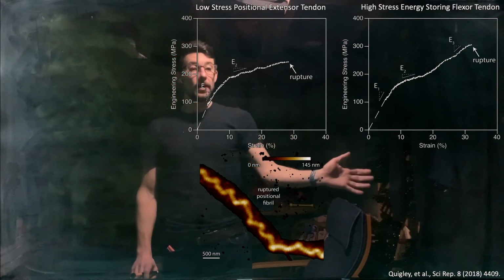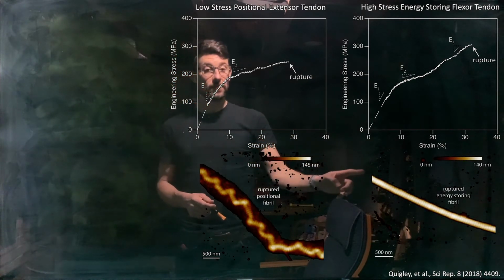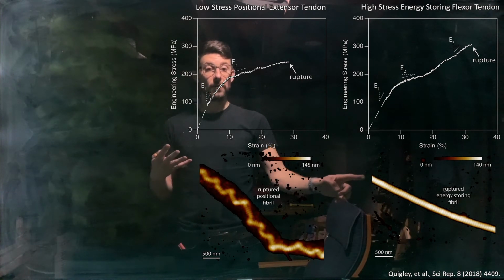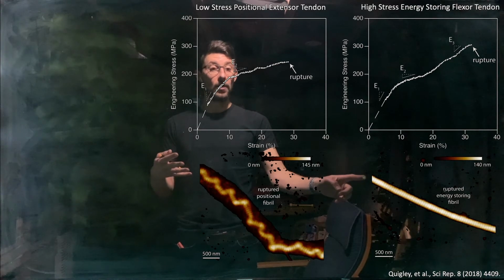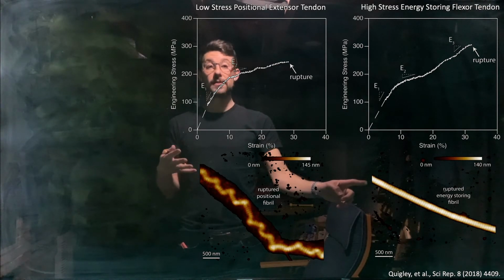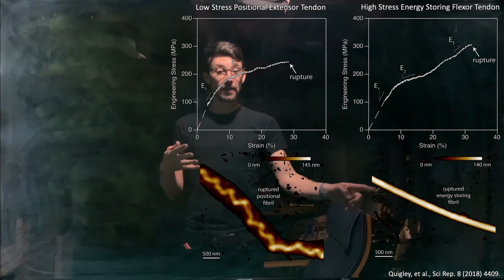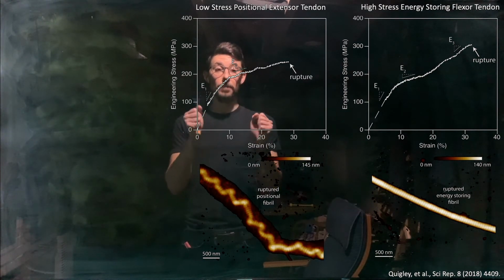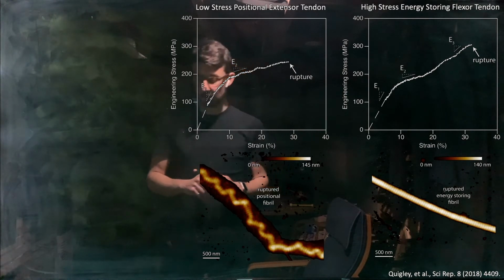And when you look at a broken fibril from these energy storing tendons, there's no apparent plastic deformation of the fibril at all. So it looks like it has remained structurally intact until it has brittlely fractured at some location.